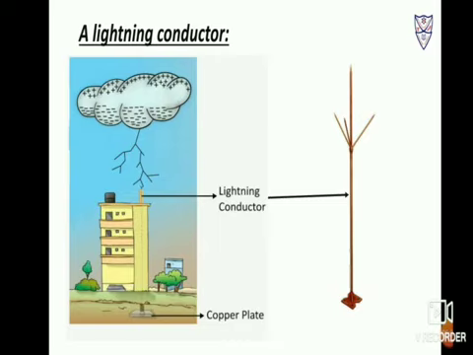Now when lightning strikes the building, the lightning conductor provides an easy path for the charge to pass through to the earth, thus protecting the building.